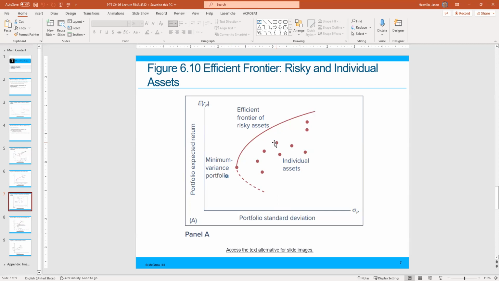Another way to view it is if we go left instead of up. If you have a stock with this level of returns and this level of risk, there's a portfolio that can give you the same level of returns, but a much lower risk. So no matter how you look at it, it is better to have the portfolio than to go with this individual stock, and it always will work that way.